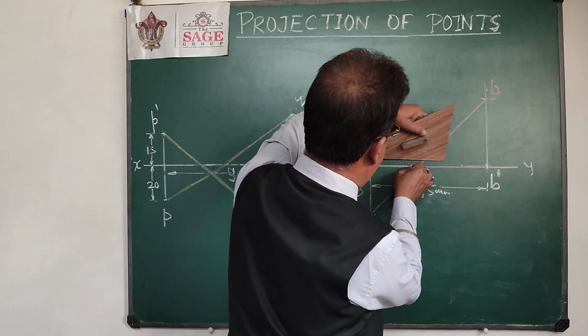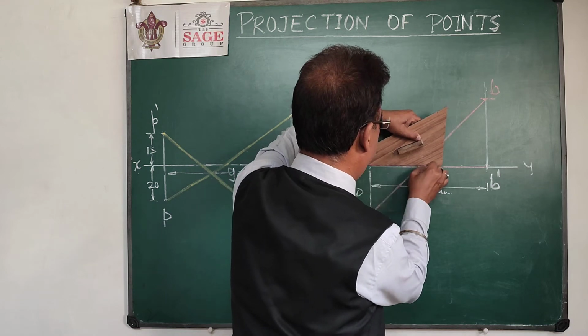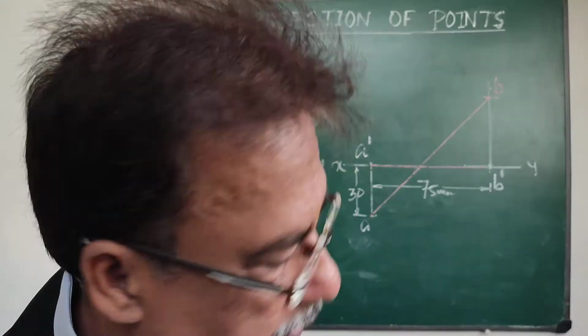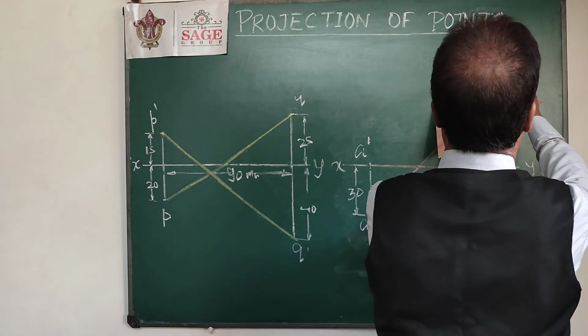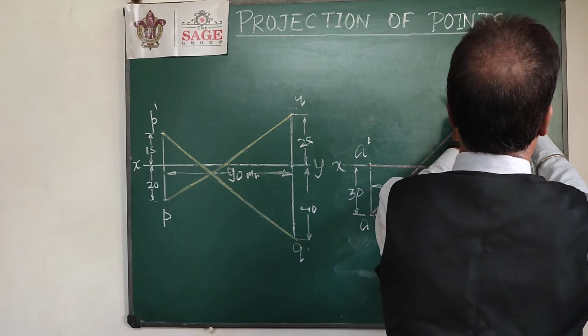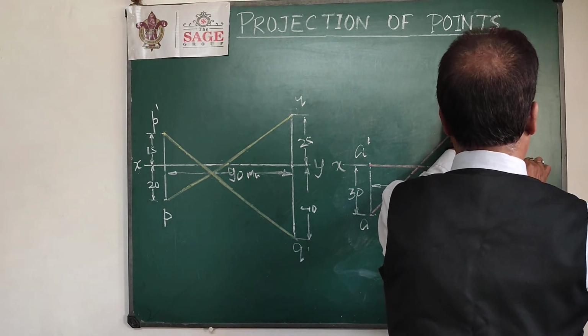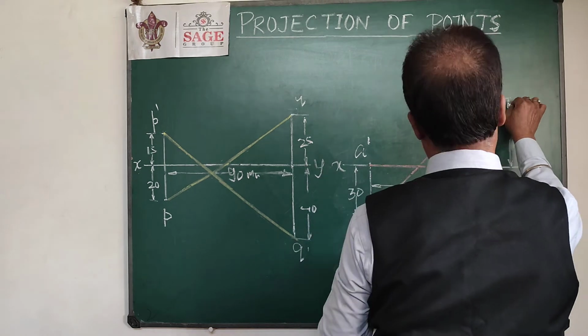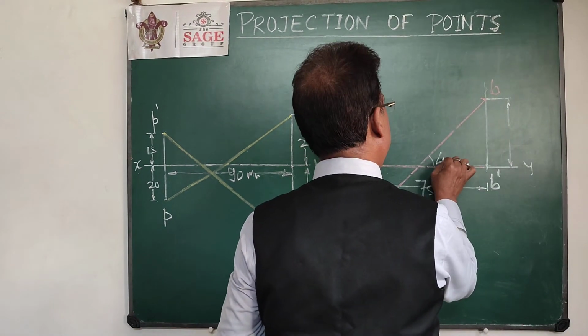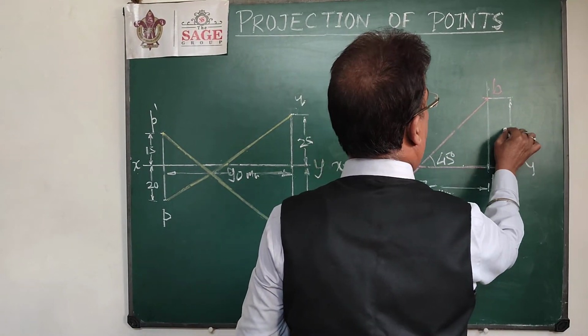Now I will darken this ab also, and we have to find this distance. Just check this distance, and it will come to exactly 45 mm.